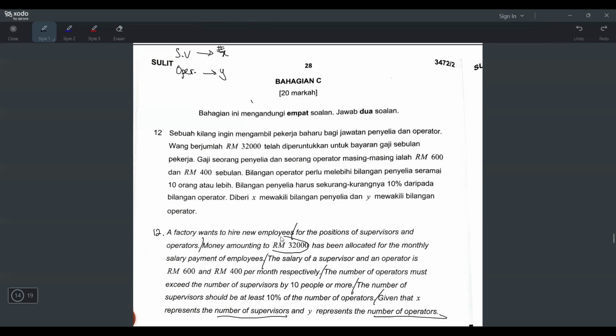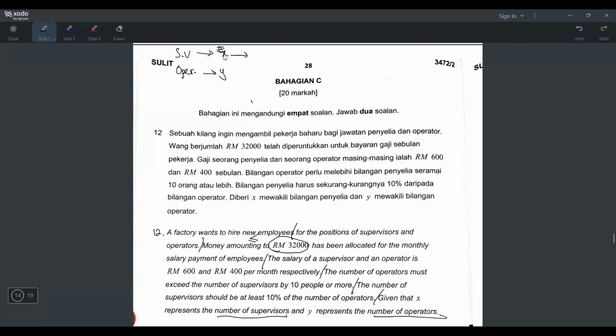That means later this 32,000 have to be smaller or equals because you only allocate 32,000 for salary. It means cannot more than this, right? If more than this, then not enough money to give the salary. Now they say the salary of supervisor is 600 ringgit. For one supervisor, the salary is 600.